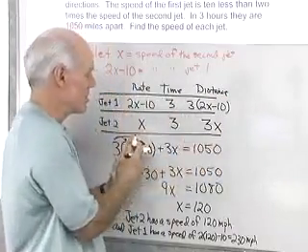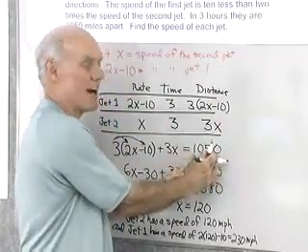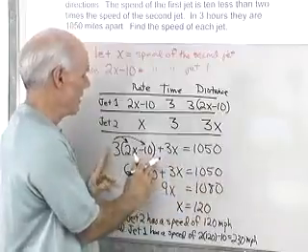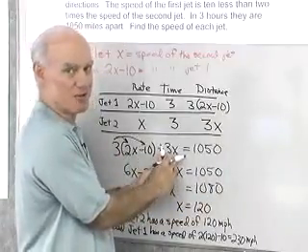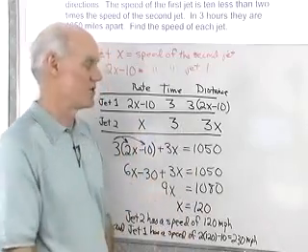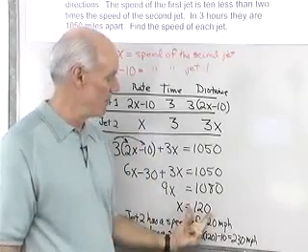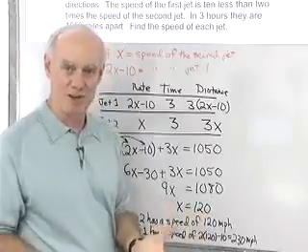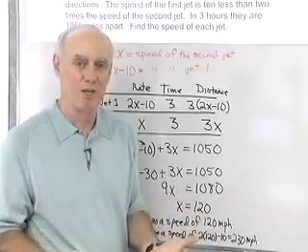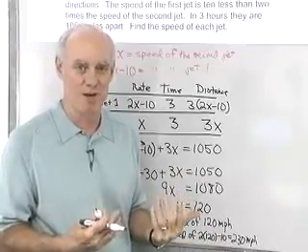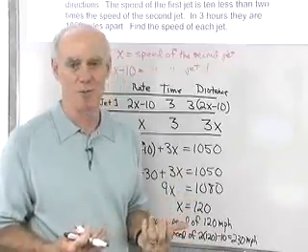Read the problem again, see the total distance they are apart is 1,050 miles. Well, that comes from the distance that the first jet traveled plus the distance the second jet traveled. After that, it's simply a matter of solving that equation and then remembering when I get x equal 120 that I'm solving a word problem, so I have to go back and write what that 120 means in terms of the original words of the problem. In this case, it's 120 miles per hour.